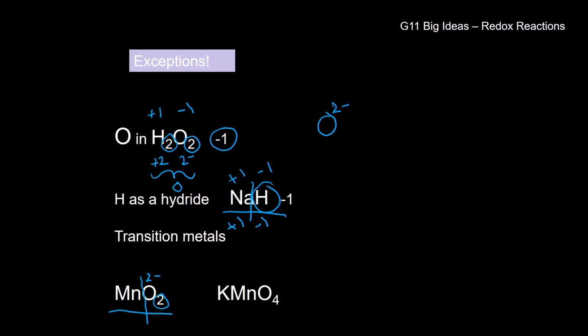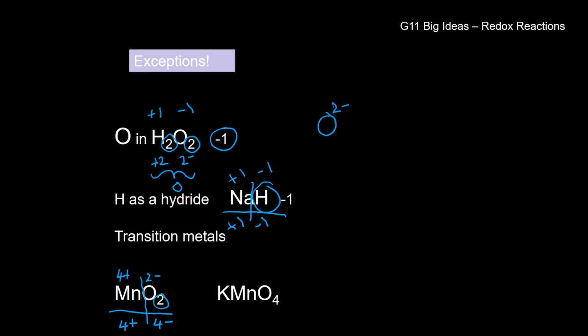I've got 2 oxygens, so 2 times 2 is 4. So the negative charge here is -4. It means that manganese has to be 4 plus on this side, because manganese dioxide has to be a neutral substance. I've only got 1 manganese, so I've got a unit oxidation number of 4 plus on the manganese.